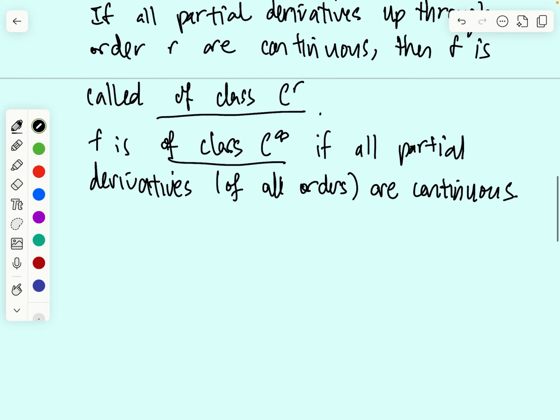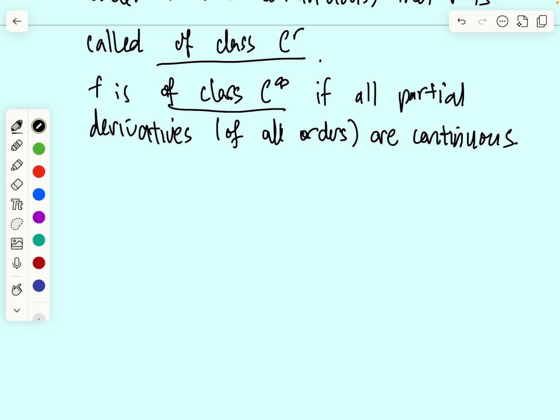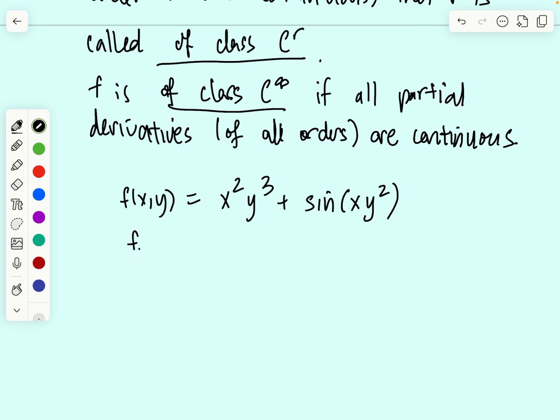So for instance, if you have something like f of x,y equals, say, x squared y cubed plus sine of x y squared, I'm just making this up, if you do the partial derivative with respect to x, then you're going to get 2x y cubed plus cosine of x y squared times y squared.